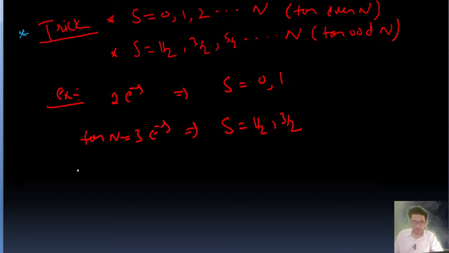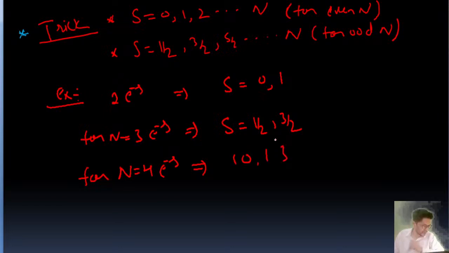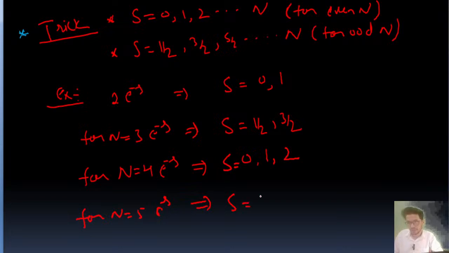Okay, again for n equal to 4, this is even, right, 4 electrons, S values are 0, 1, comma 2. For n equal to 5 electrons, if there are 5 odd electrons, by the trick, S value is going to be 1 by 2, comma 3 by 2, comma 5 by 2.